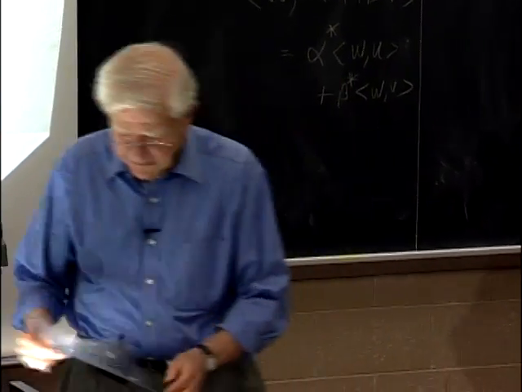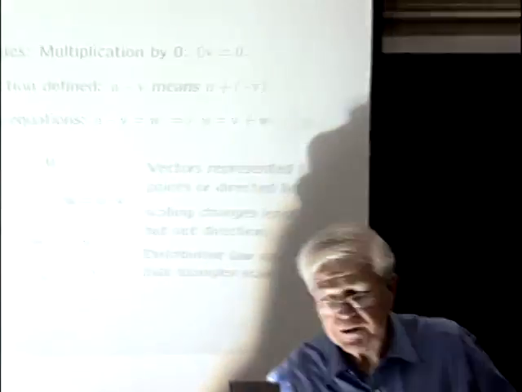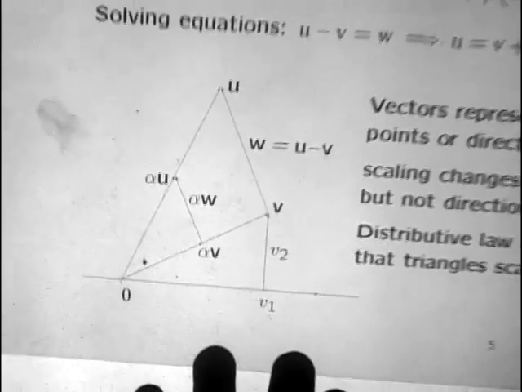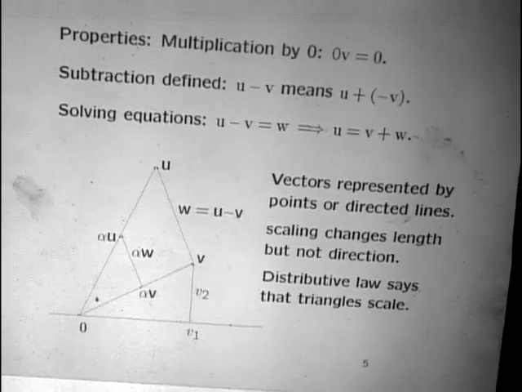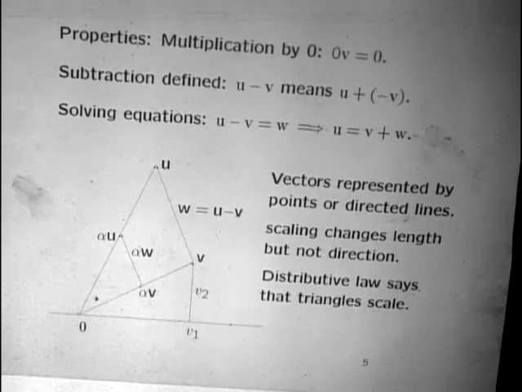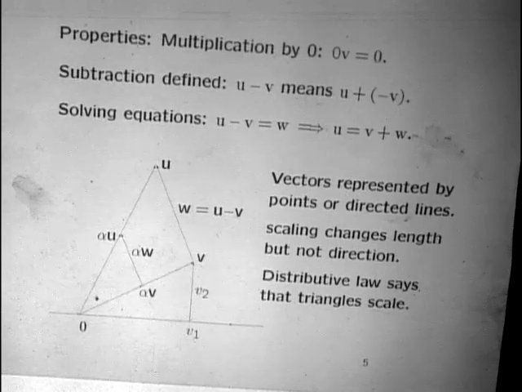Okay. Think of trying to draw this picture. This is the simplest picture you can draw of two-dimensional vectors. This is really a picture of a vector space of dimension 2 for real vectors. What happens if you try to draw a picture of complex two-dimensional vector space?